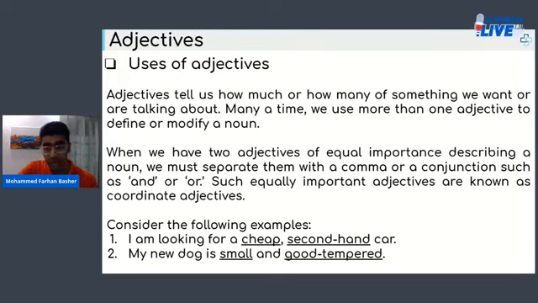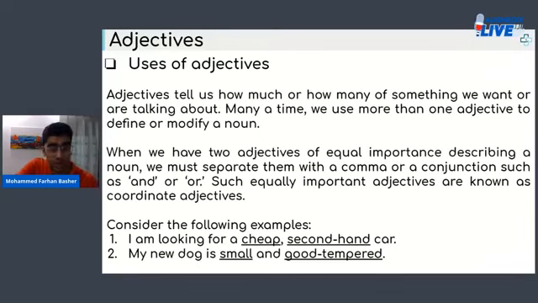Both these adjectives are equally important and equally defining the noun car, because your car cannot be just cheap. Your car cannot be just a secondhand car. You want your car to be cheap and secondhand both. So both these adjectives are equally important. Neither of the two is less important than the other, right?